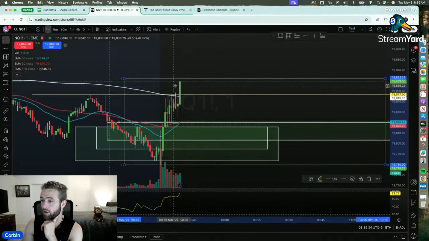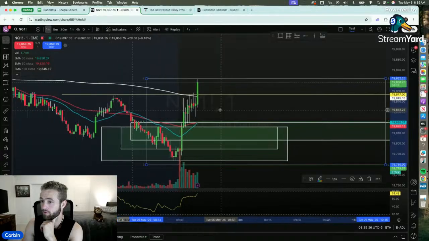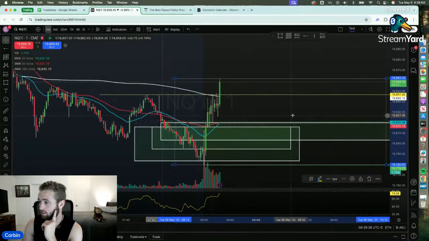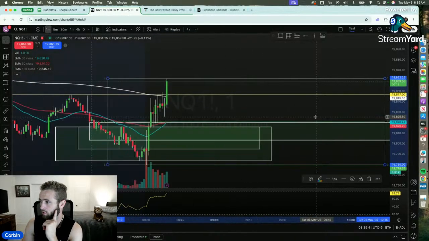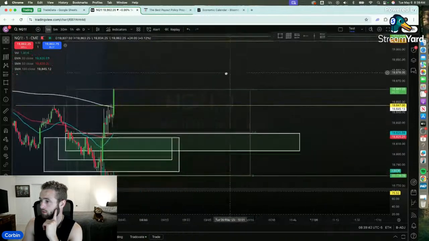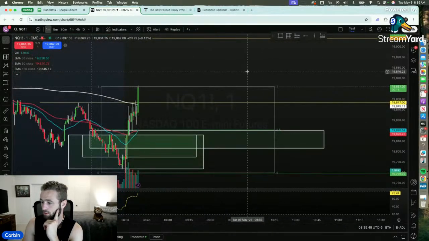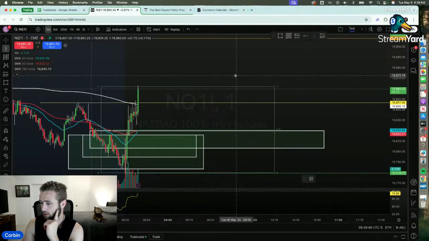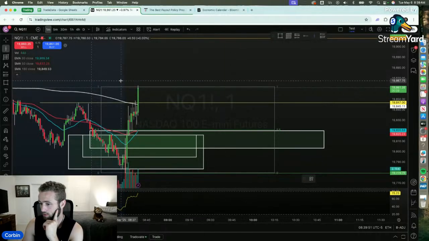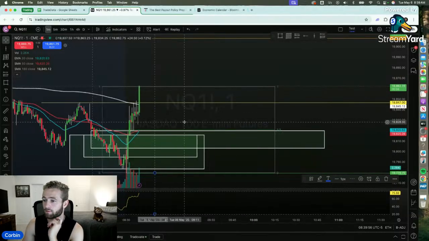I want to see if we can get a big reaction to the downside off of this. Damn, where can I trade? Huh, I guess I didn't mark it. Can't trade until 8:45, 8:50 until right there.